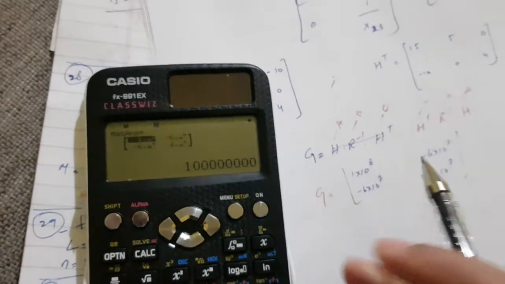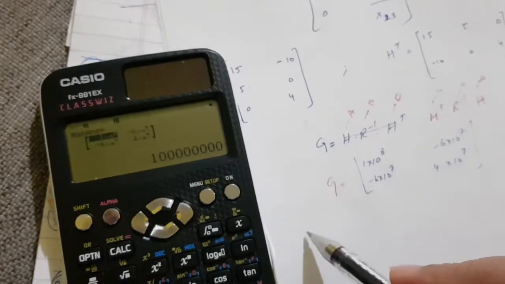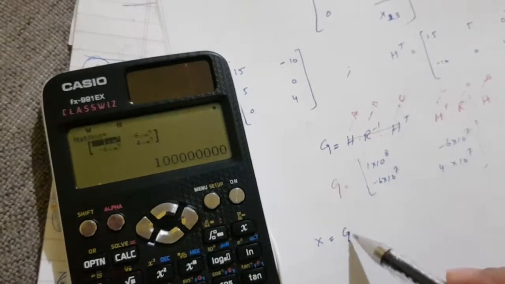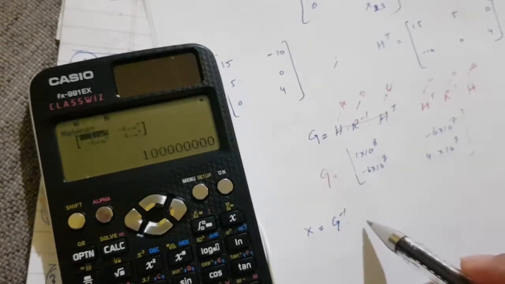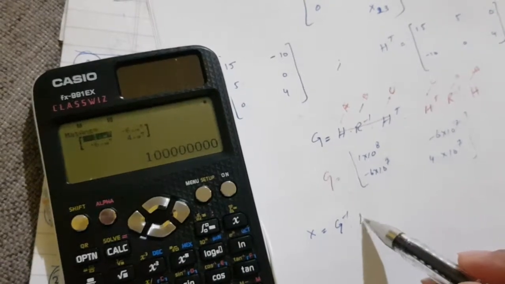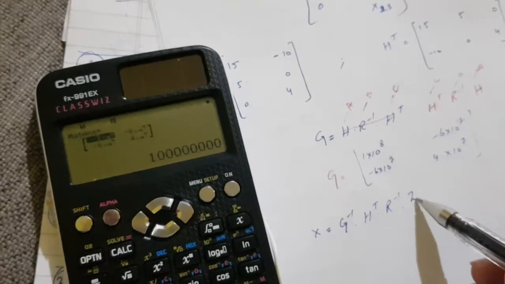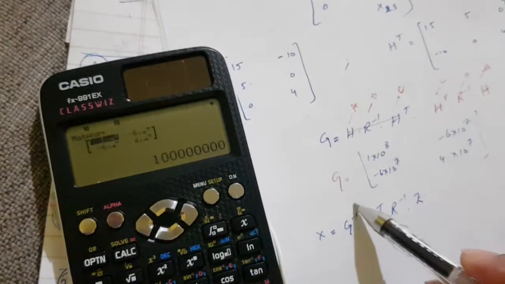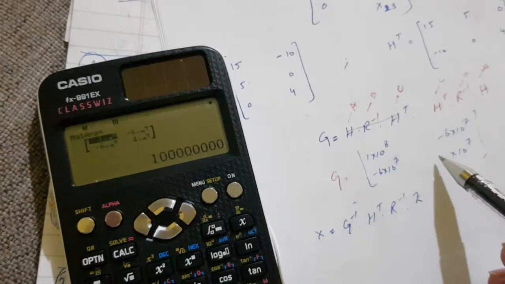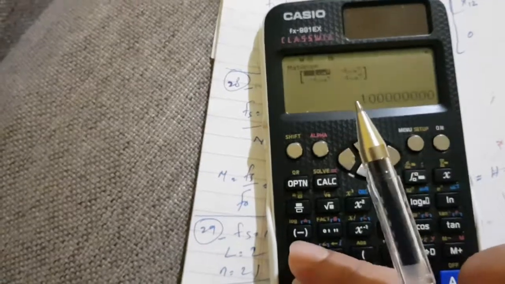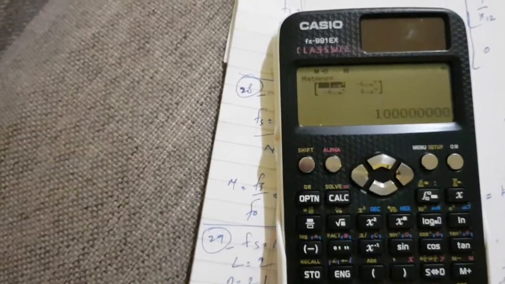Okay, so as you know, in our original X the formula is G inverse and Z. So we have to take the inverse of this matrix. So I will save it into recall ABC.